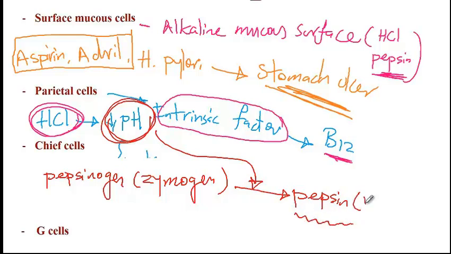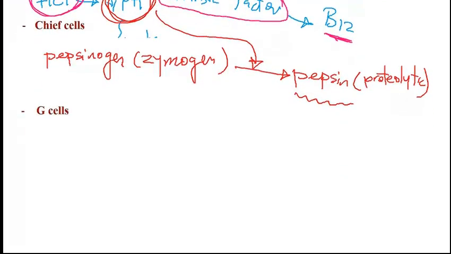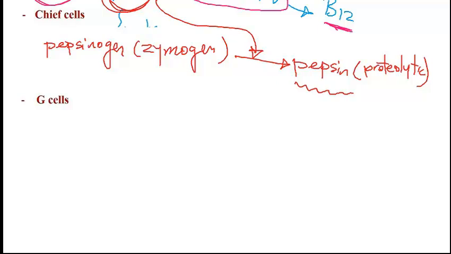Now pepsin is a proteolytic enzyme that will break down proteins into smaller peptide molecules. And then the final type of cell that we have here are the G cells, which are required for the production of gastrin hormone.